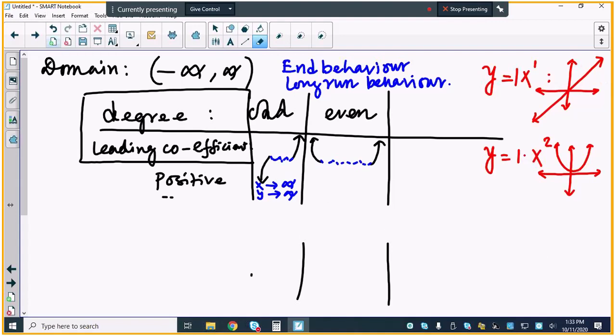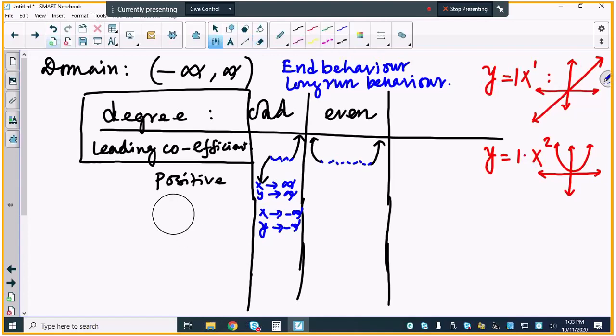And so as we have talked about, there is one other end that we can talk about, and that is as x goes to far left, which is negative infinity. Y this time goes to negative infinity because the left end is falling down as well. Similarly, you can think about what happens in the situation when the degree of the polynomial function is even.